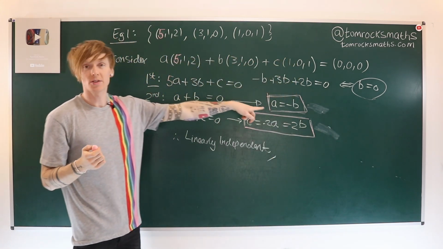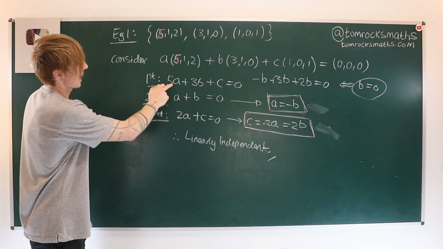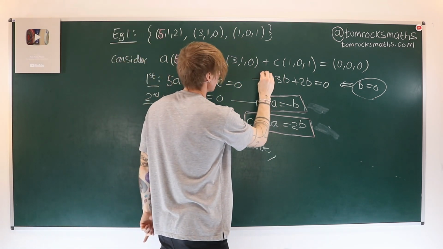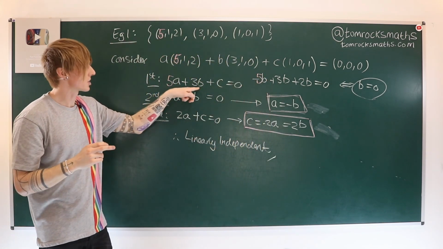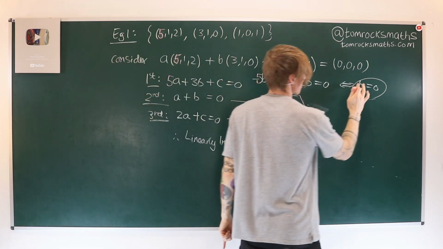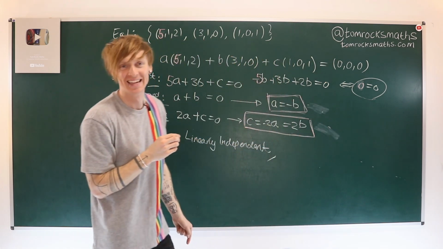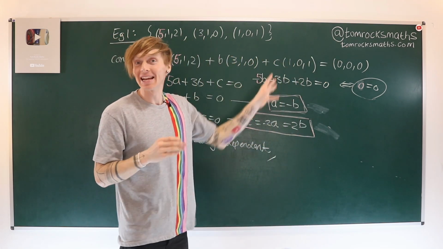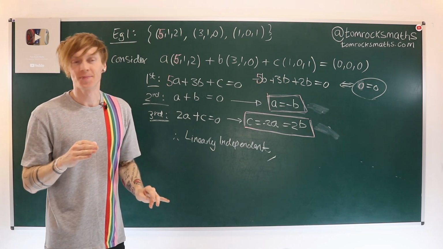But we can now substitute for a being minus b into here, and what we're going to get is now minus 5b. So minus 5b plus 3b plus c, which is 2b, equals 0. So that just tells me that 0 equals 0, which again is something I don't like writing. So it doesn't give me any information. Point is, it gives me no information whatsoever.